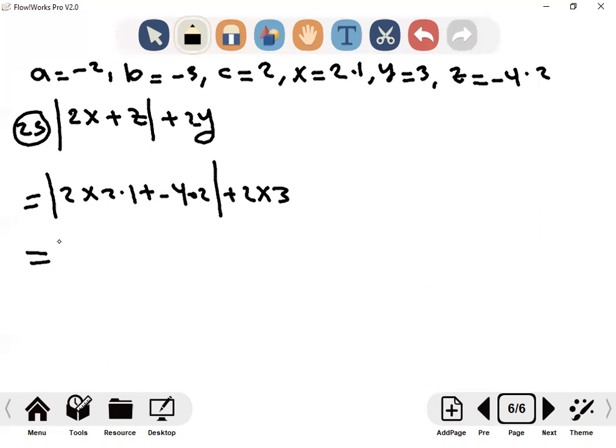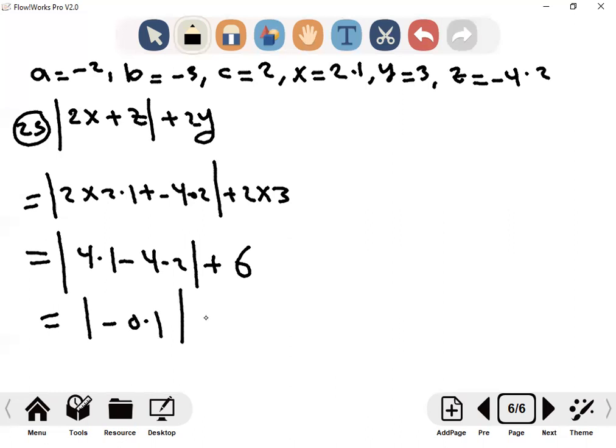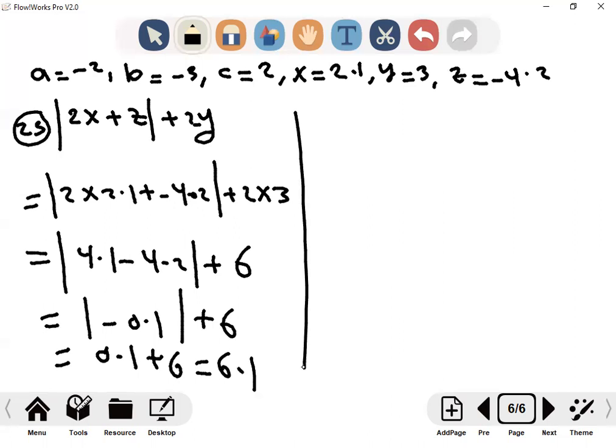This is equal to absolute value of 2 by 2.1, 4.1, 4.1 minus 4.2 plus 6. 4.1 minus 4.2, absolute value of minus 0.1, okay? Plus 6 means 0.1 plus 6, which means 6.1. Is this correct?